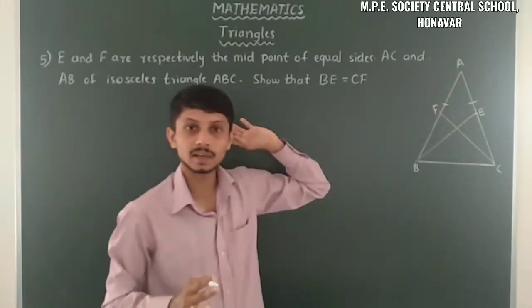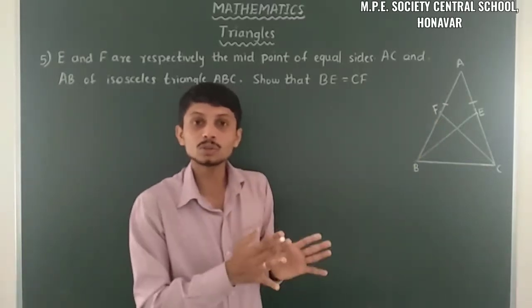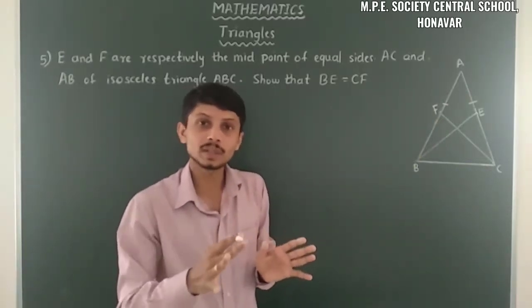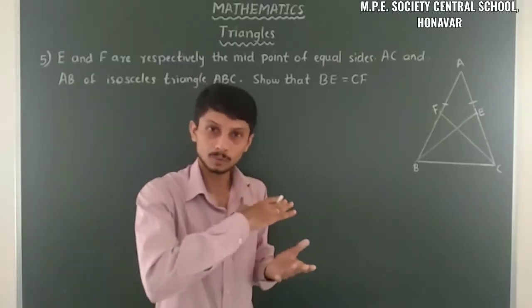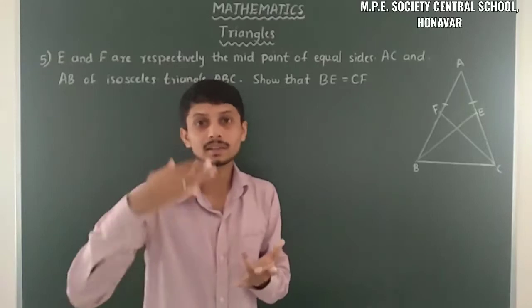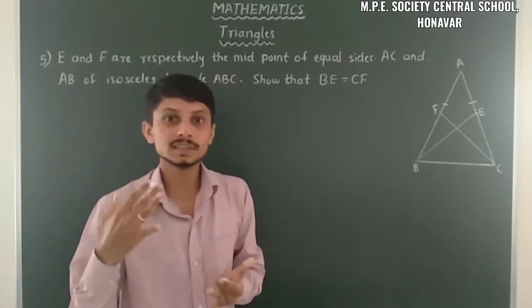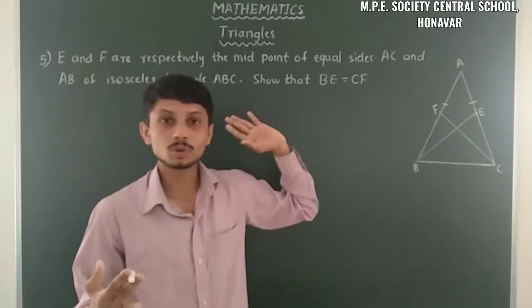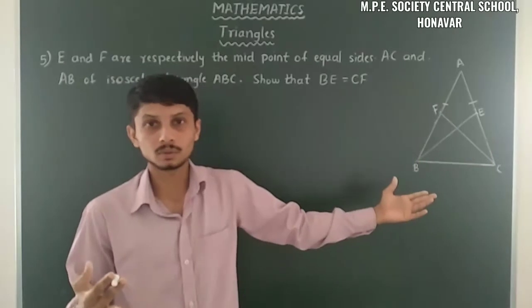ACF is another triangle, and CF is a part of it. For those two triangles we have to prove that the corresponding parts are equal. You can take SAS congruence or ASA congruence, and from that you can easily prove those two sides are equal.